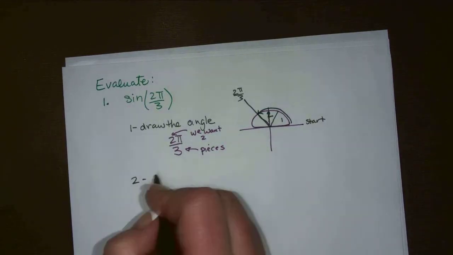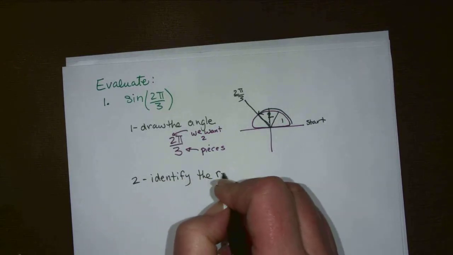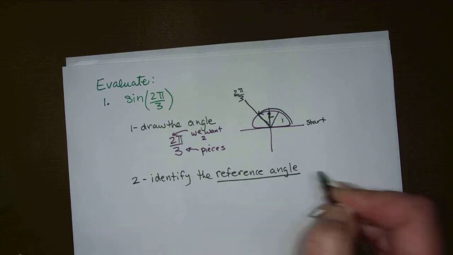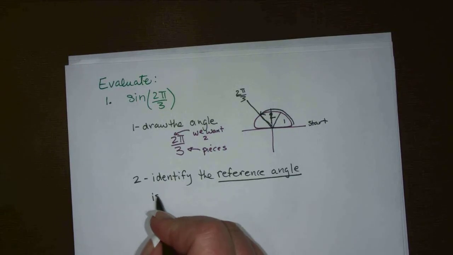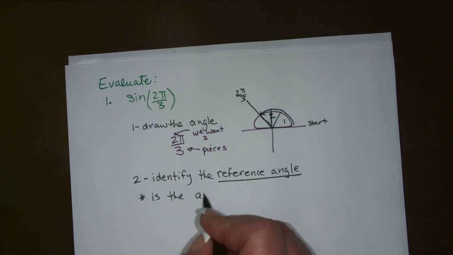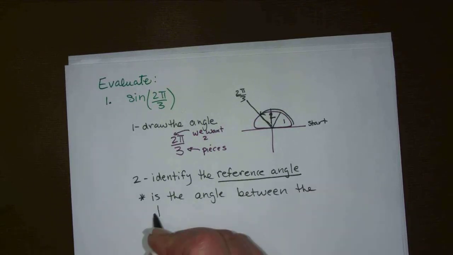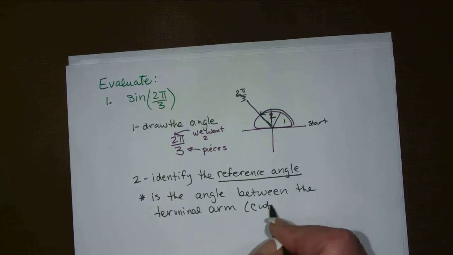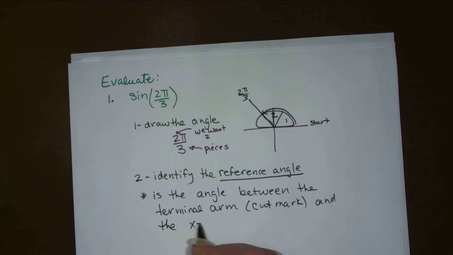Step 2, identify the reference angle. The reference angle is the angle between the terminal arm, which is the cut mark we made, and the x-axis.